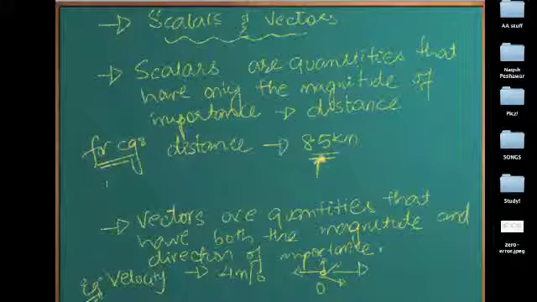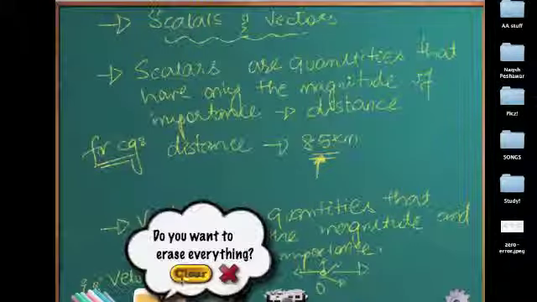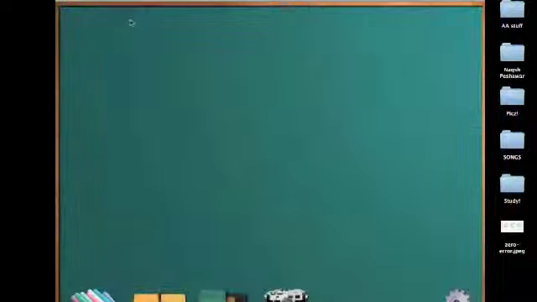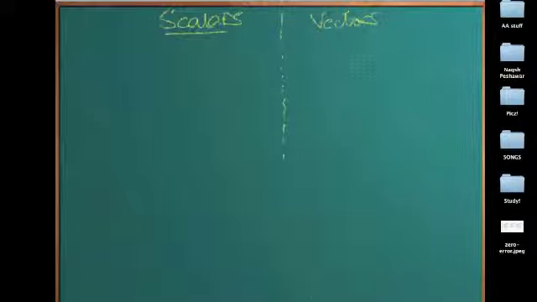So let's see some of the very regular scalar and vector quantities that we'll be using in this chapter and their counterparts. The scalars, and these are the vectors here. First of all, speed is a scalar quantity.